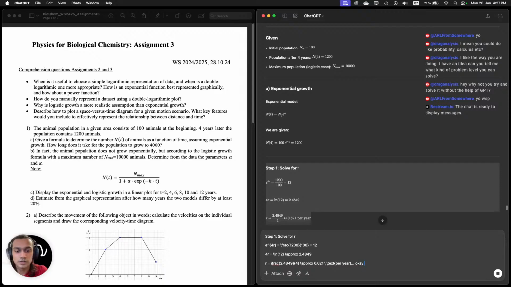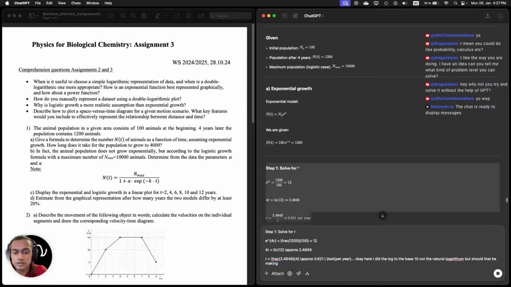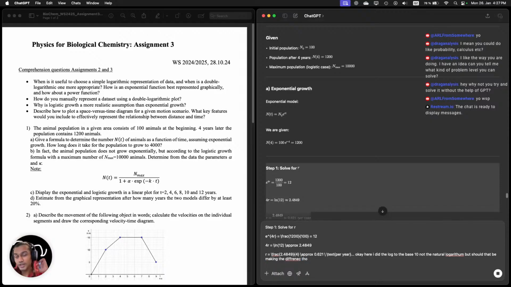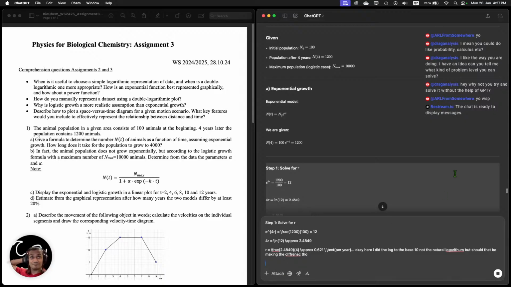Okay, here I did the log to the base 10, not the natural logarithm, but should that be making the difference though? It should, right? Because we are still writing.